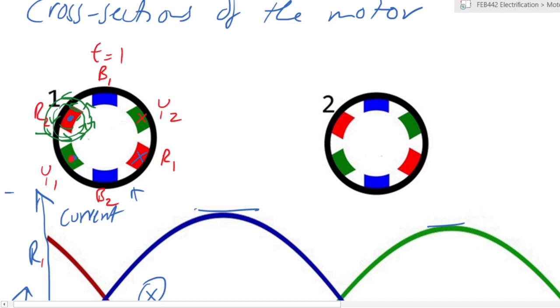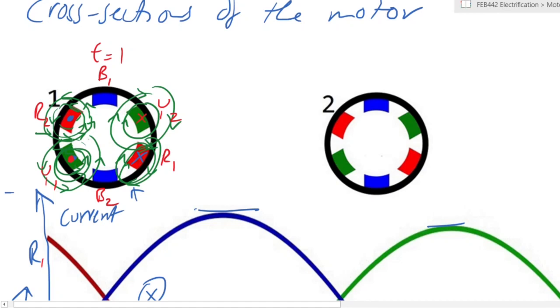Remember, this represents the cross sections of the windings within the induction motor. Okay, so they are moving that way. These other ones are in clockwise directions, so they would move that way.